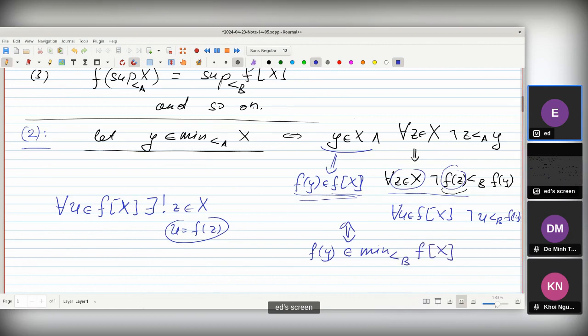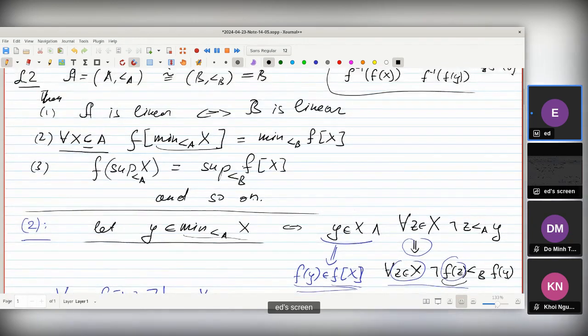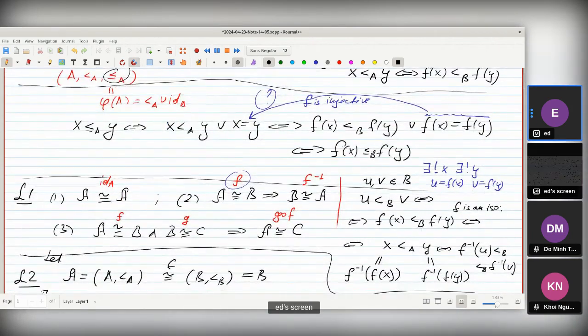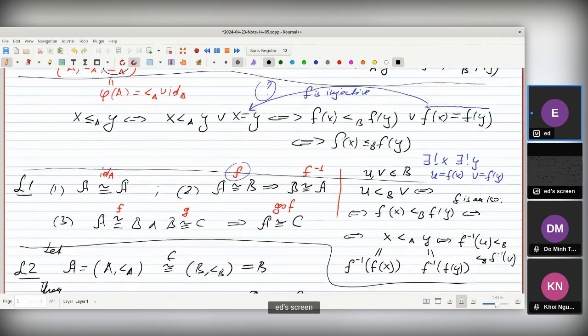in f of x. Of course, formally we had one-sided arrows here, implications from the left to the right. But it is not hard to prove vice versa, that if f of y is a minimum in this set, then y itself is a minimal element here. It is also quite easy to prove, and moreover, you can apply this fact that if A is isomorphic to B with F, then B is isomorphic to A with F converse.